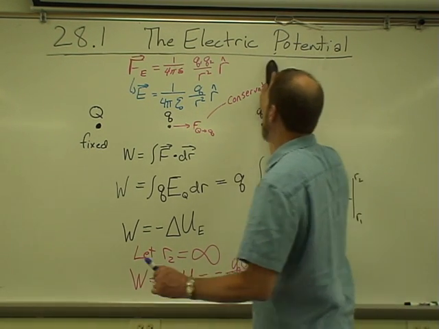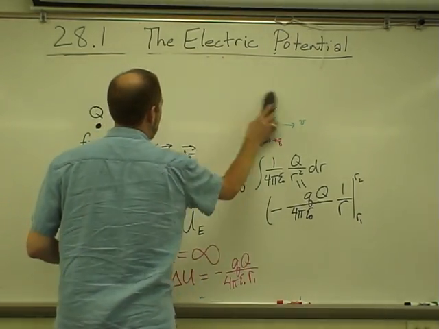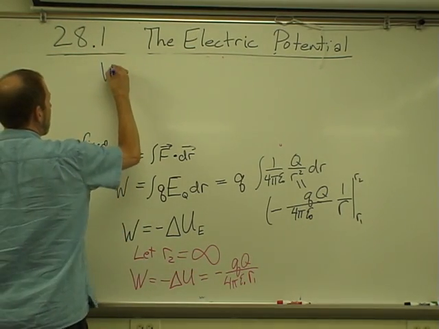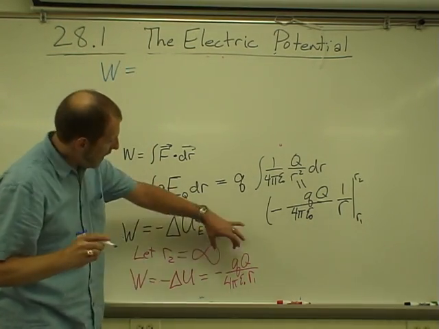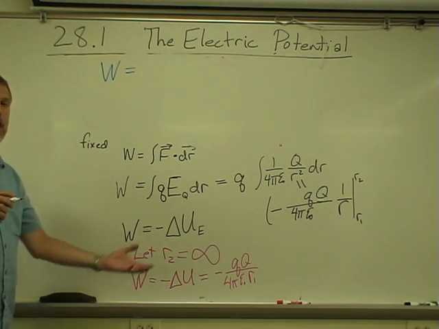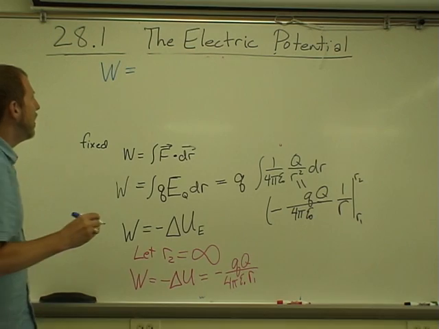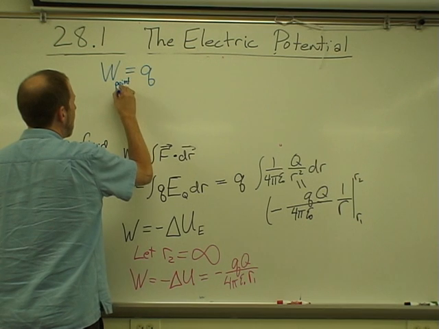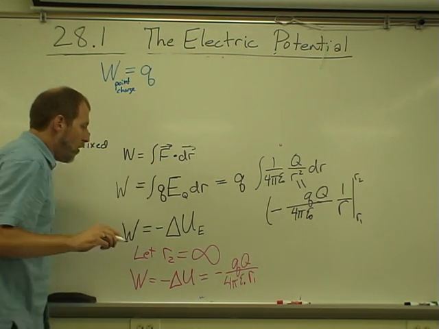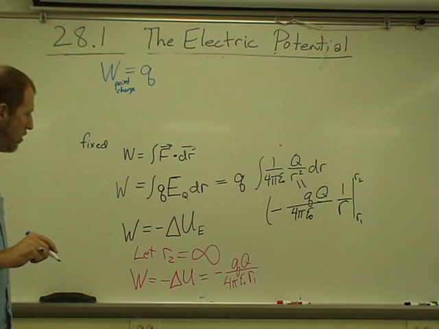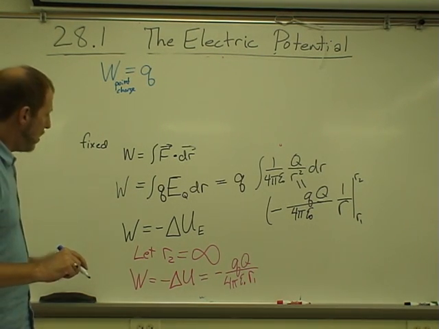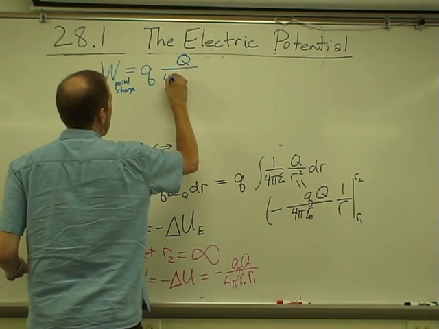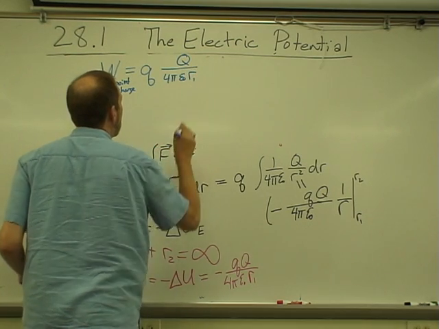But suppose I take this and I rewrite this such that I say that the work is equal to, well, let's take the dependence of that test charge out. So I could put any old charge in. So that's equal to q times, for a point charge, Q over 4 pi epsilon naught R1.